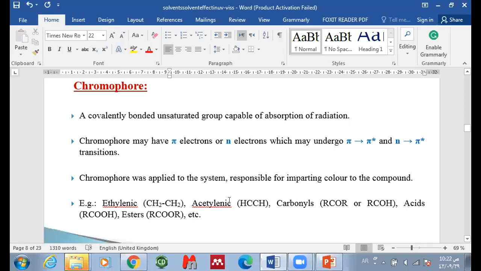Chromophore is applied to the system responsible for imparting color to compounds. For example, ethylenic group, acetylene group, carbonyl in aldehyde or in ketone, acids. Here we mean carboxylic acid because it is organic compounds. So we don't deal with, for example, hydrochloric or nitric. We will deal with organic carboxylic acid, esters, etc.